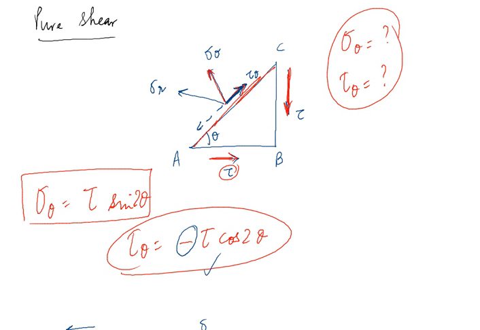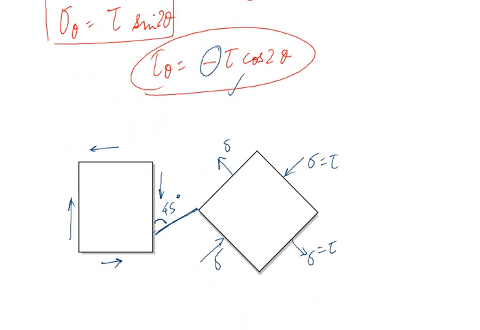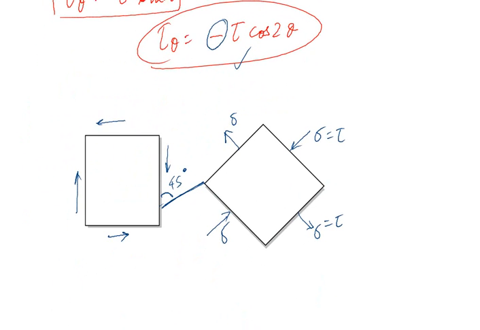Now if you go down in this slide, you will have a look at these two figures. This is the original figure that we have. You have tau acting here along these faces. Now what happens if you take a plane which is at 45 degrees to this plane?